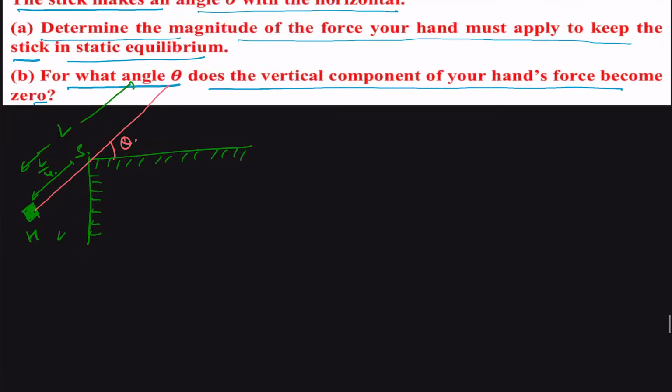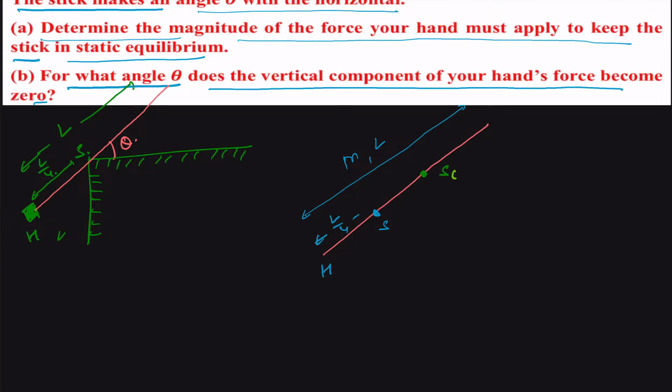Okay, so I'm going to draw this figure again. This looked a little bit asymmetric. This is our point S, this is our H, and we have L by 4. The total length is given to us as L, and its mass is given as M. So the center of mass is somewhere here.